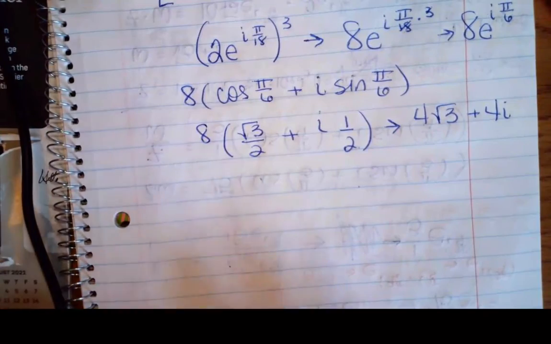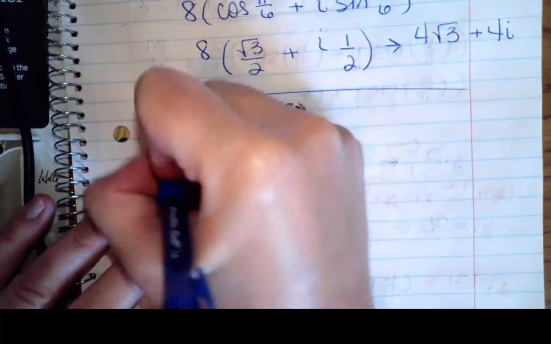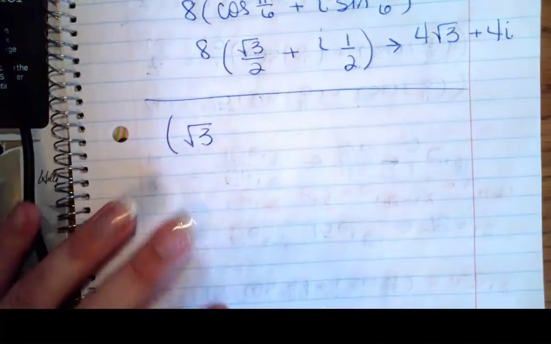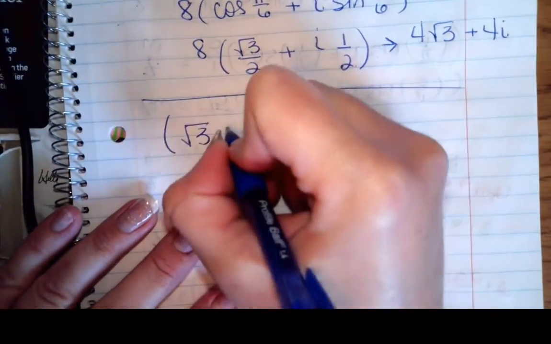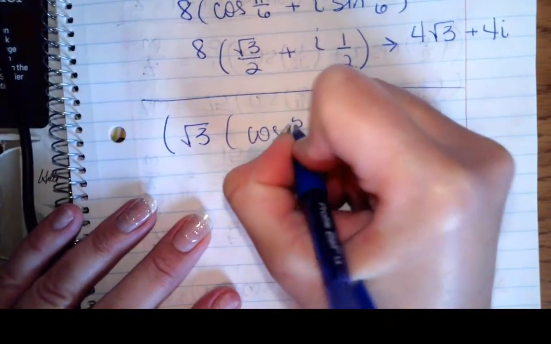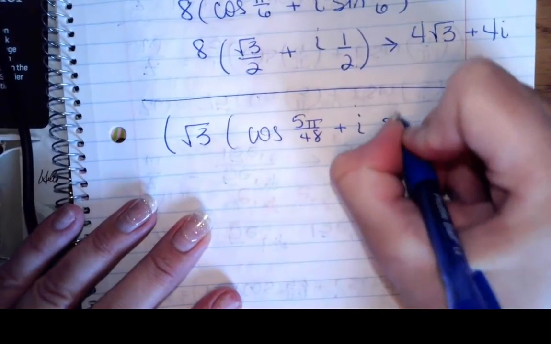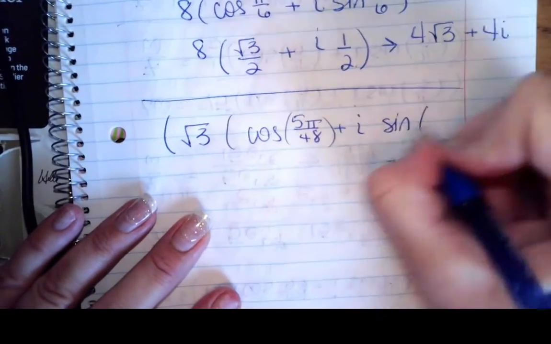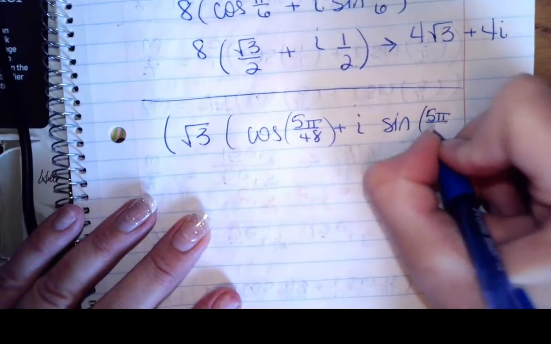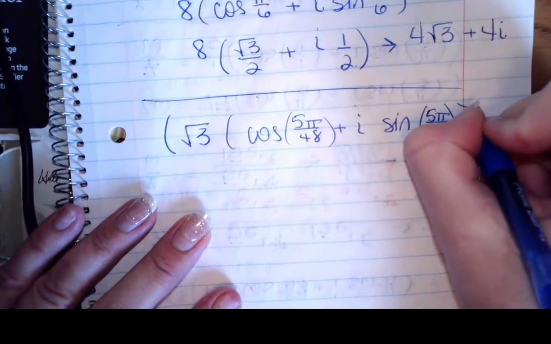Okay, try it again. So I have root 3 times the cosine of 5 pi over 48 plus i times the sine of 5 pi over 48.